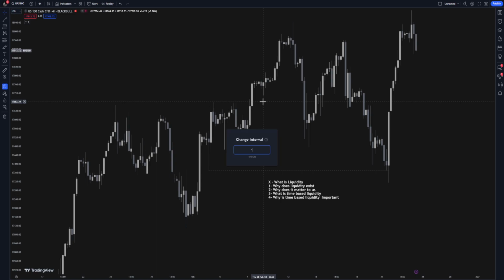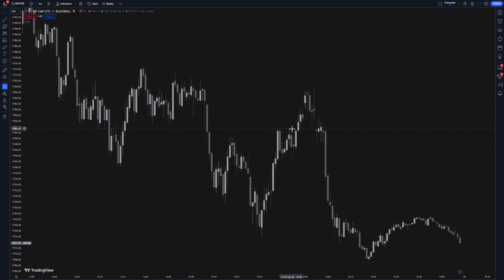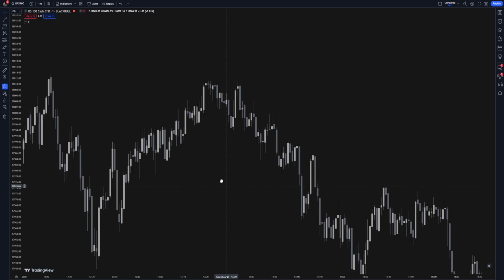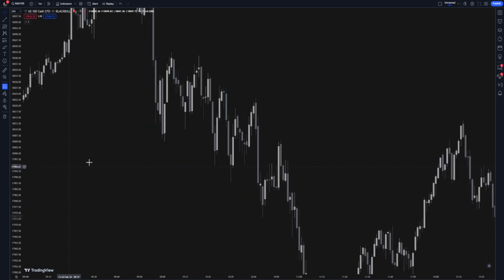It means if you go on a 1 minute time frame, every swing high and swing low is considered liquidity, which is why you may see turtle soups or liquidity raids on the lower time frame, and then see price retrace or reprice.